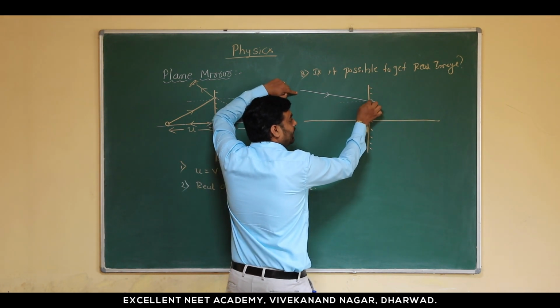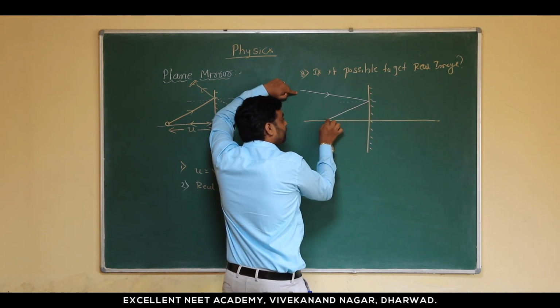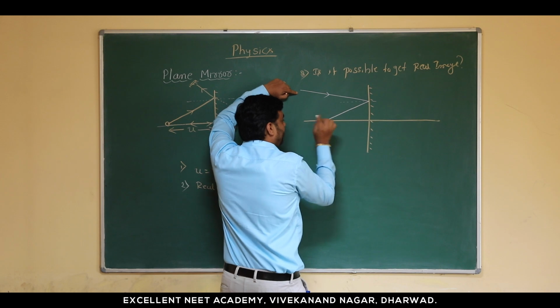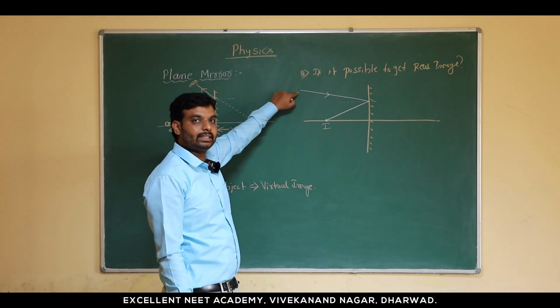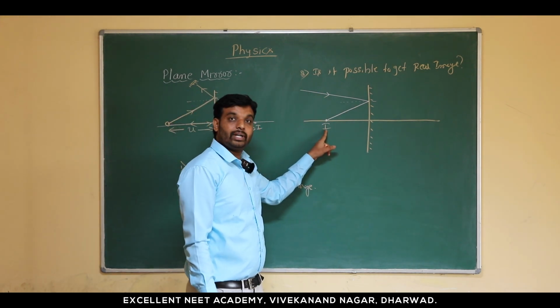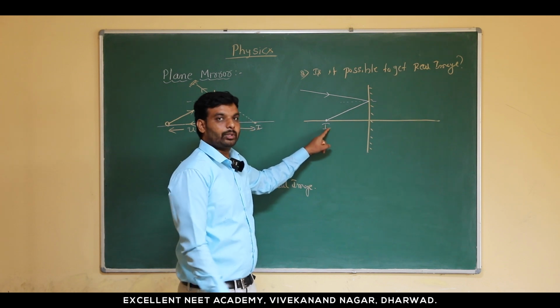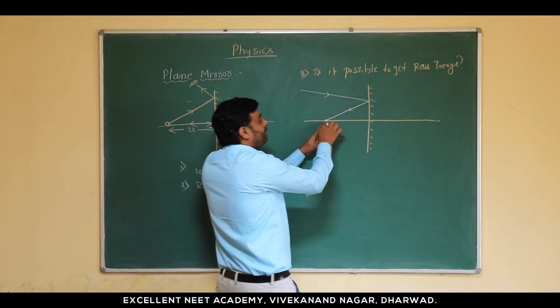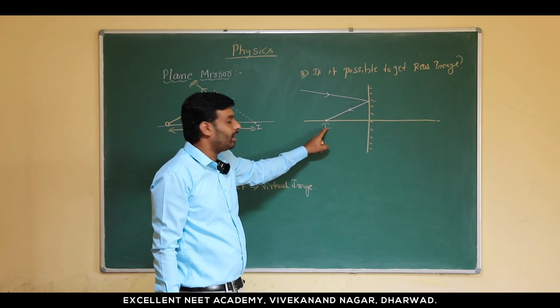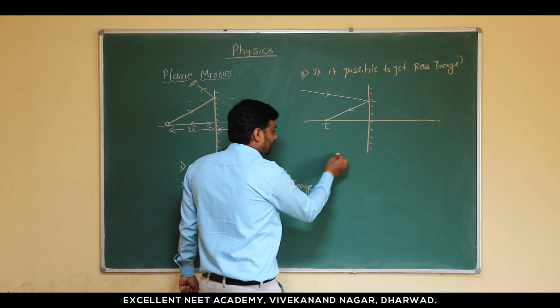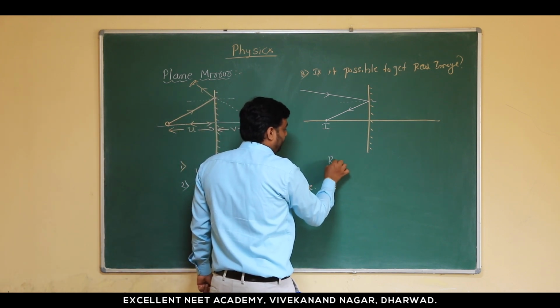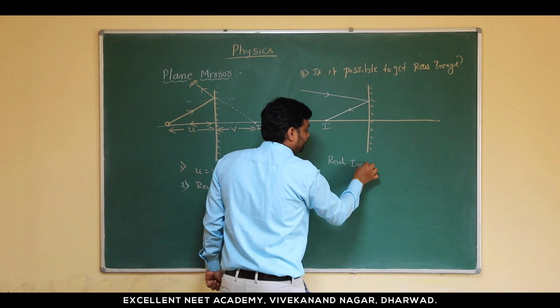After reflection, it will reach here. This is the image. The object is at infinite distance. The image is formed here. The image is really formed because the light rays actually meet. That's why this image is called a real image. Yes, a real image is formed.